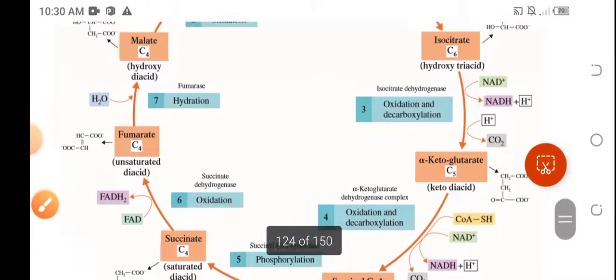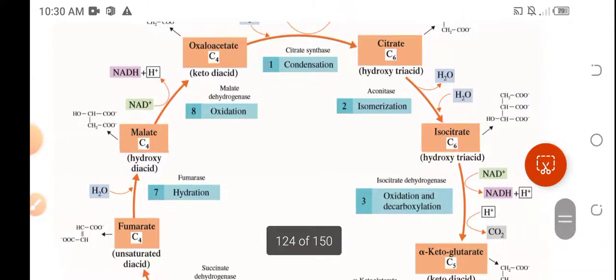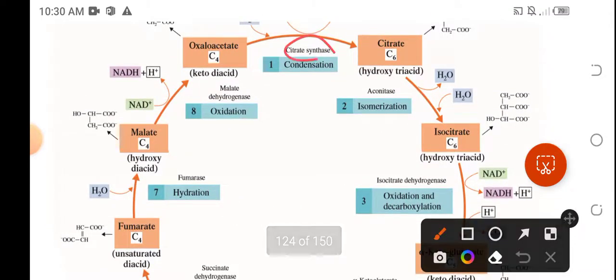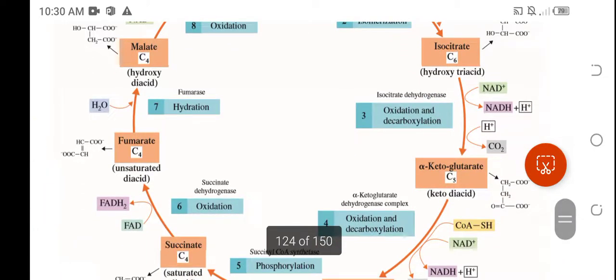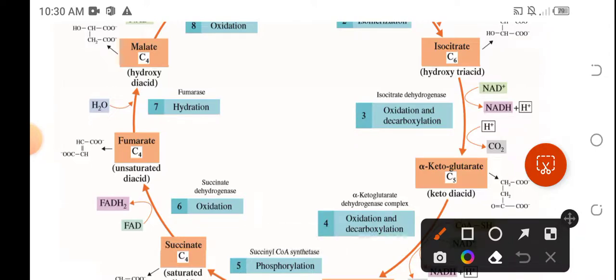So, kung 8 yung ating reactions kanina, 8 din yung klase ng enzymes na ginamit natin. So, let's recall that enzyme ends with ASE. So, we have here citrate synthase, the aconitase for the isomerization, and then we have the dehydrogenase enzymes, pero magkakaiba yung mga dehydrogenase natin.